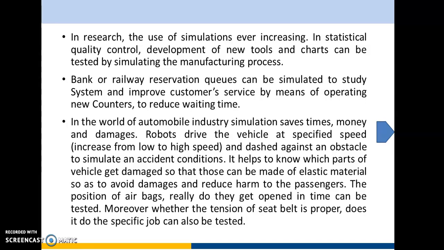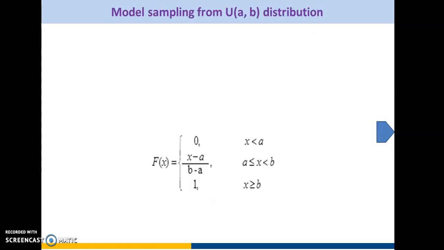The simulation technique will give you an idea about the position of airbags. Do they really open at the time of an accident? Moreover, is the tension of the seat belt proper, or does it do the specific job? These can be tested with the help of simulation. These are the examples or applications of simulation which we see in our day-to-day life.